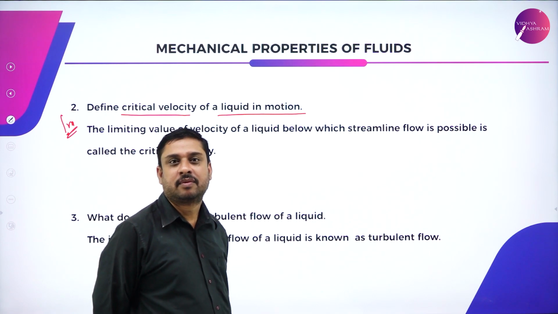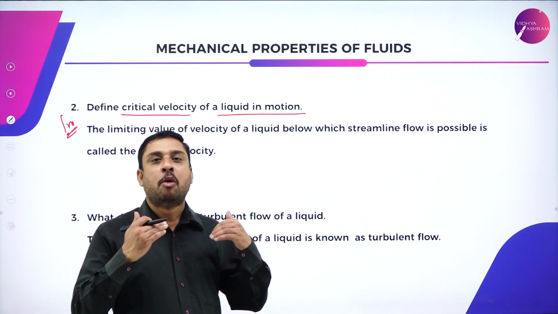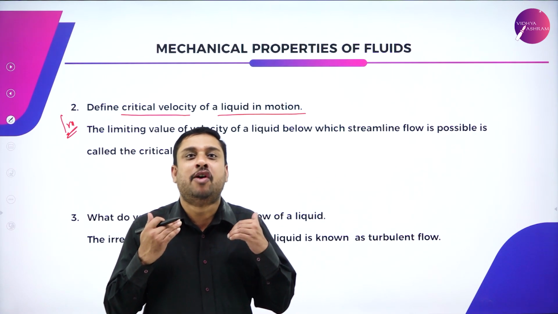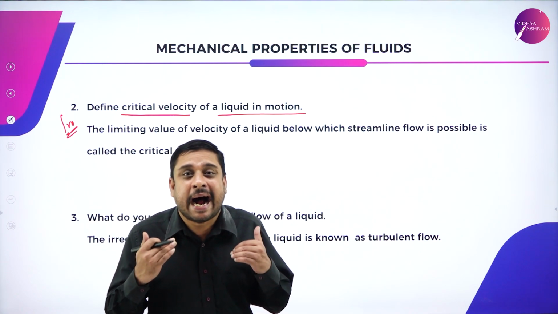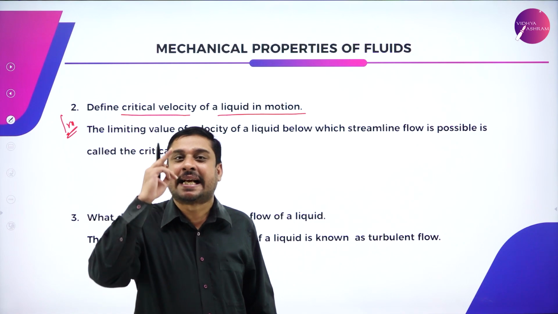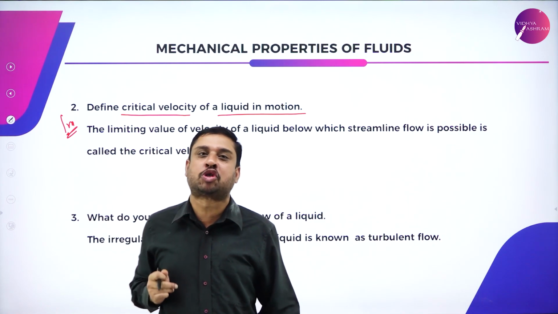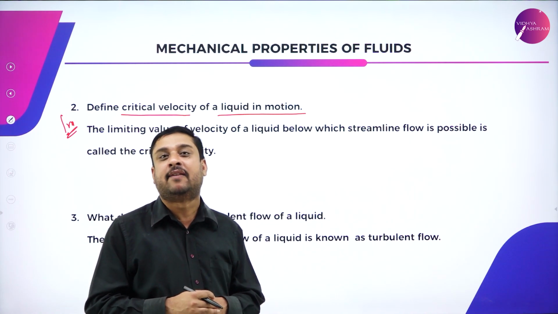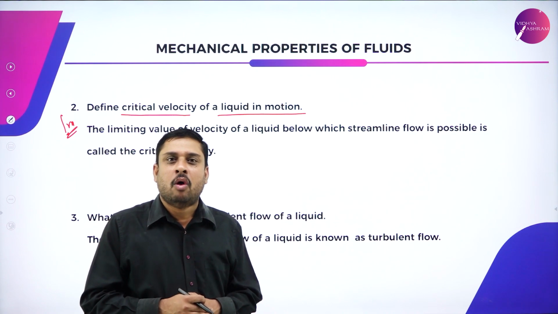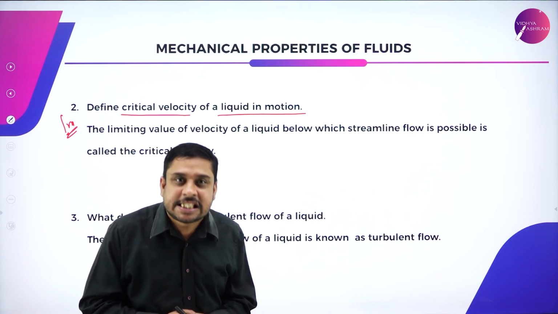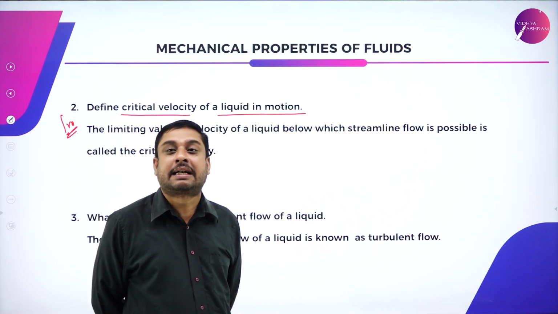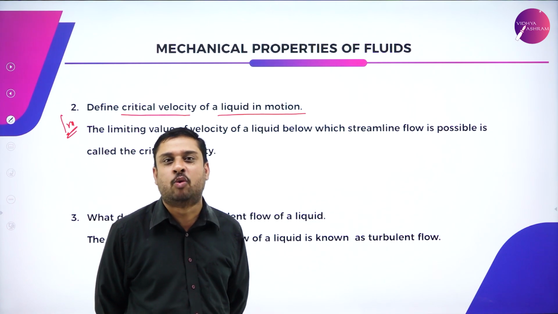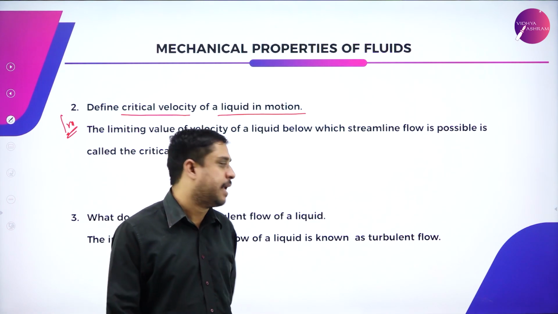Look at it, TV. So the minimum possible velocity for the flow of a liquid until and unless it can sustain streamline motion, turbulent motion is not into picture, is critical velocity. Only above this velocity called critical velocity, that disciplineness is broken down and the flow becomes turbulent.